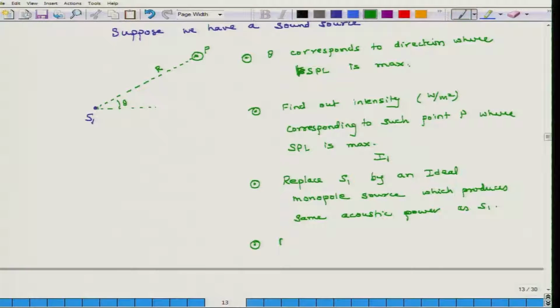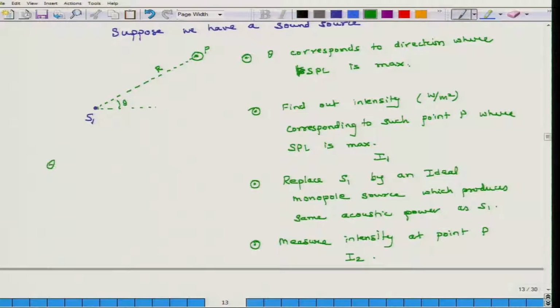For such a symmetric monopole, you measure intensity at point P, because you have already identified that point P. Let this be I2.